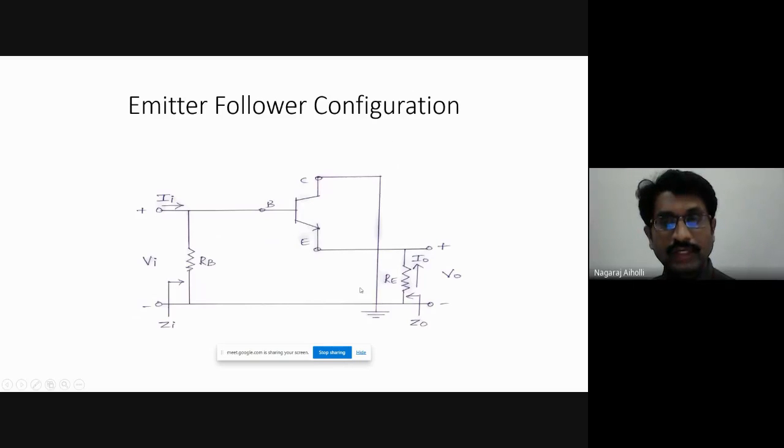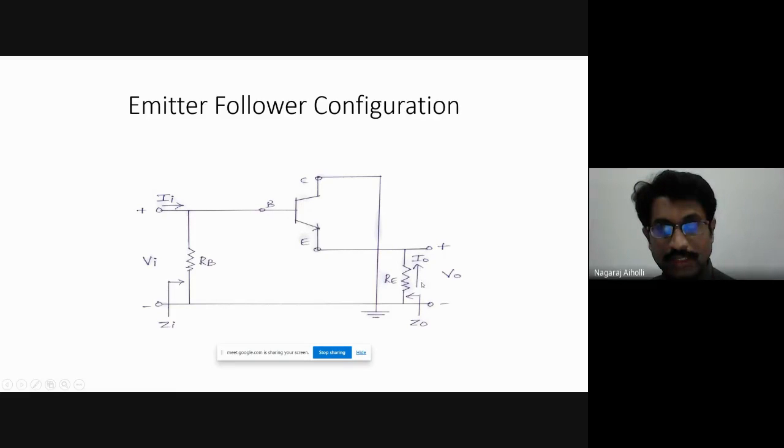Now, if we look into this circuit, the input current is Ii, the input voltage is Vi, and the input impedance is Zi. The output voltage is V0, which is tapped from the emitter terminal. The output current is I0, taken into the terminal according to our 2-port convention.